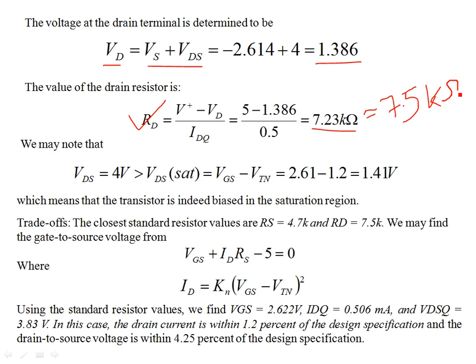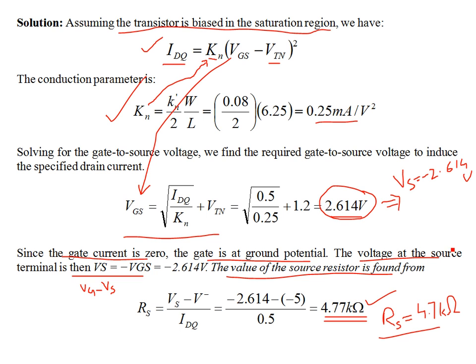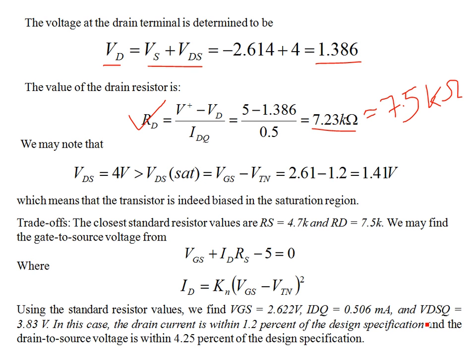But before we make the choice of 7.5K and 4.7K as our nominal resistor values, you should note that VDSQ is 4 volts, which is greater than VDS sat, given by the overdrive voltage, the difference between the gate-source voltage and the threshold. That is 1.41, which means the transistor is indeed biased in saturation. So our assumptions were correct. It's not in non-saturation.